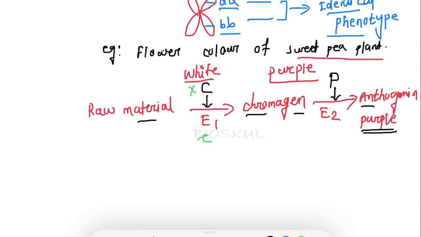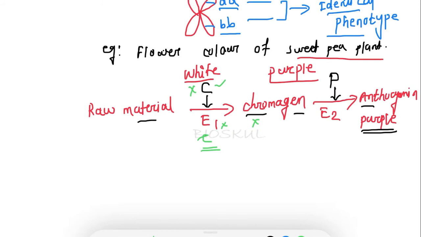Can it code the enzyme E1? No, because enzyme E1 is coded by the dominant form of the gene, not by the recessive form. So the raw material cannot be converted into chromogen, right?